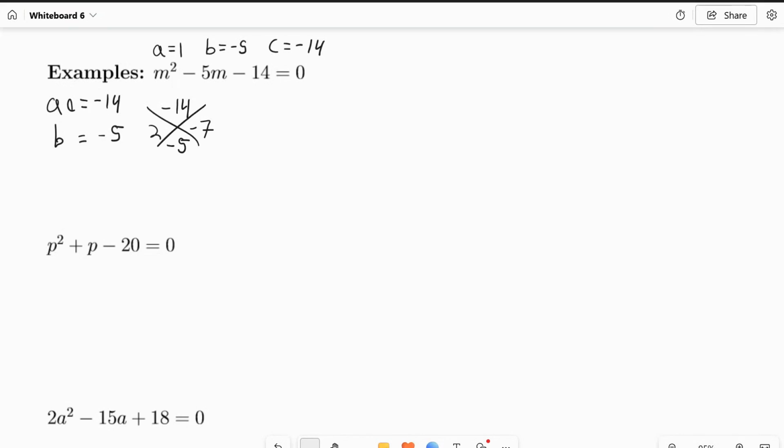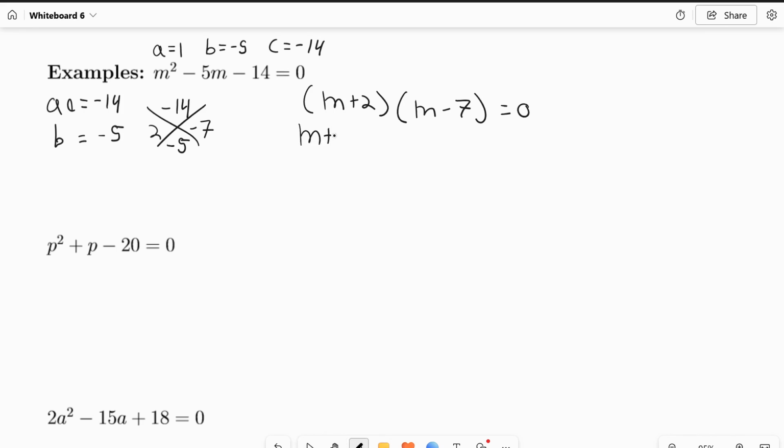And since we have a leading coefficient of 1, we can factor this directly as m plus 2 times m minus 7 equals 0. Now to find our solutions, we will take both m plus 2 and m minus 7 and set them equal to 0.